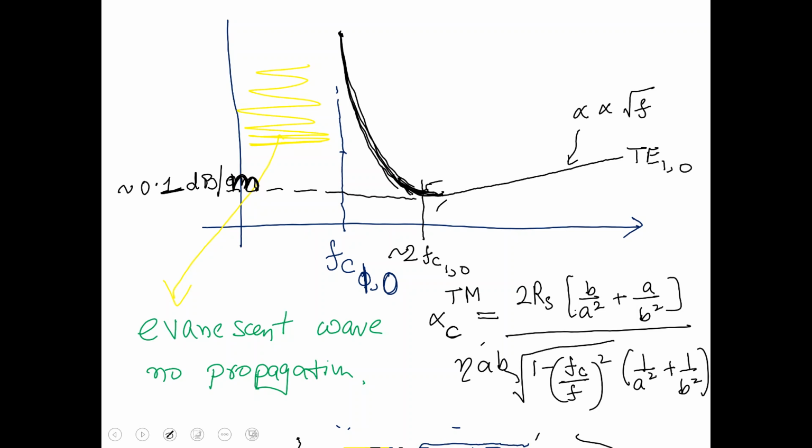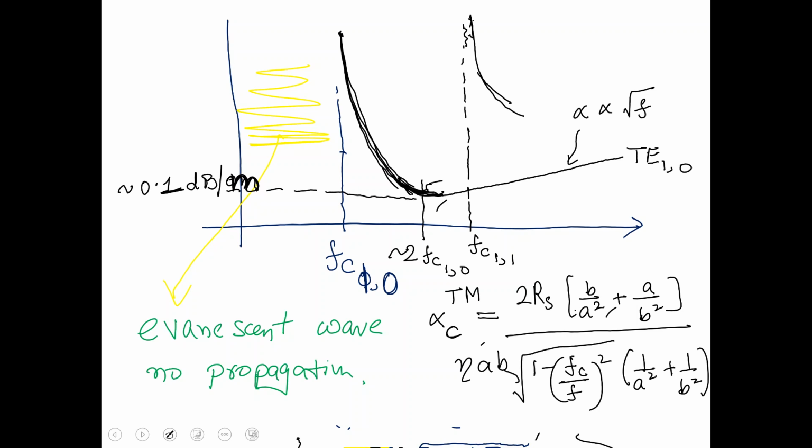The TM mode loss is going to be much higher than the TE mode. The cutoff frequency of the TM mode is going to be somewhere here, TM11. Obviously, the loss is infinity at cutoff, and it's going to have a similar fashion, but it doesn't go down as sharply as the TE mode does because of these terms over here.